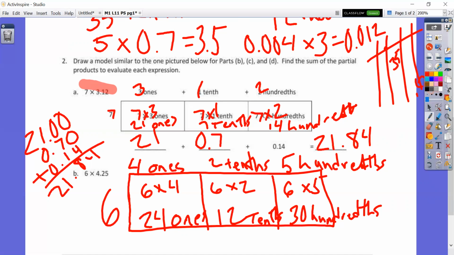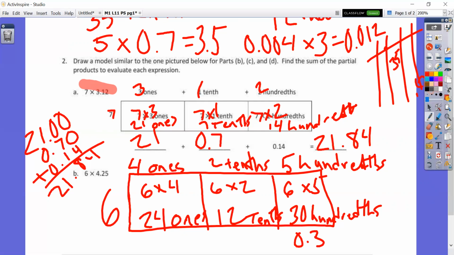So now that we have the answers in unit form inside of the area model, let's go ahead and convert them on the bottom. So 30 hundredths, well, if there's 30 in the hundredths place, I'm visualizing on my place value chart, I have to move those 30 hundredths into 3 tenths. So it's going to look like 0.3.